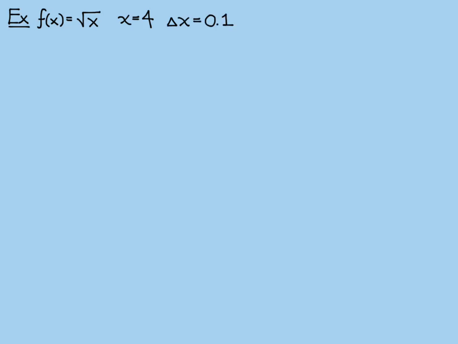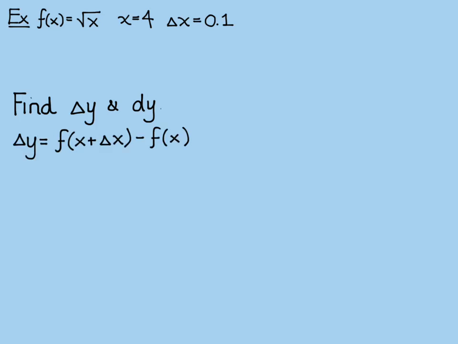f of x is going to be the square root of x, x is 4, and delta x is 0.1. We want to find delta y and dy. Remember that delta y is actually the difference between f of x plus delta x and f of x. So if we evaluate f of x plus delta x, that'll be f of 4.1.